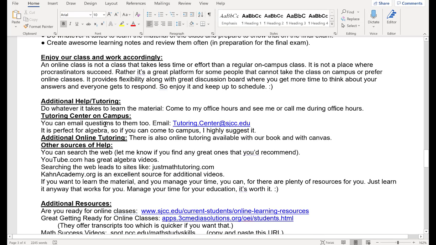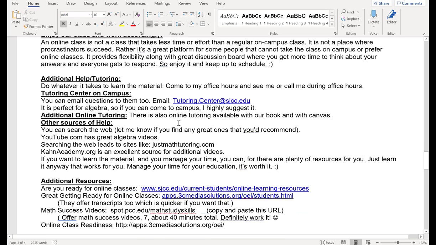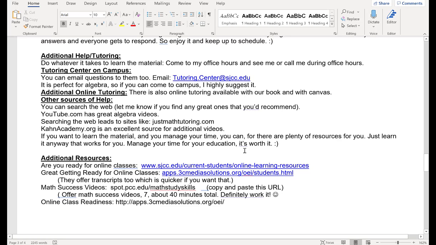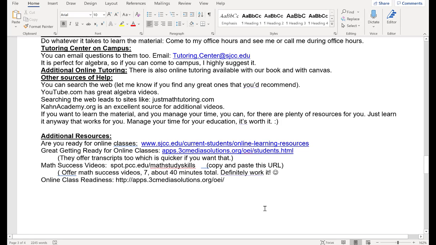The Tutoring Center also, you can email them. They'll get back to you. Our book has plenty of ways to get help as you're doing the homework, you'll see. And there's also YouTube. You can search it. There's Just Math Tutoring. There's Khan Academy. There's a whole bunch of places to get additional resources.